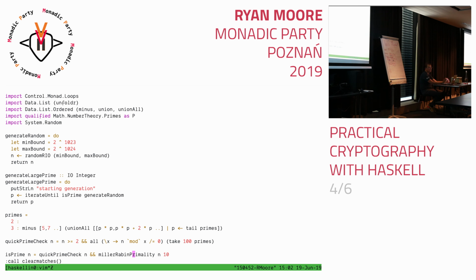So beyond that, we just need to do the job of generating very, very large random numbers and then testing to see if they're prime and then moving on from there.